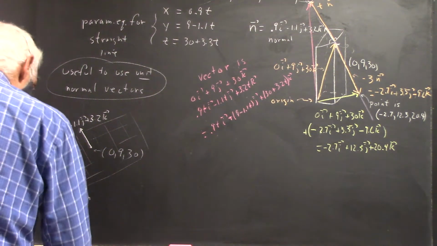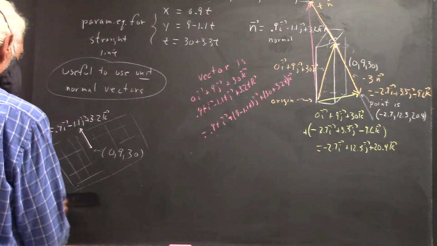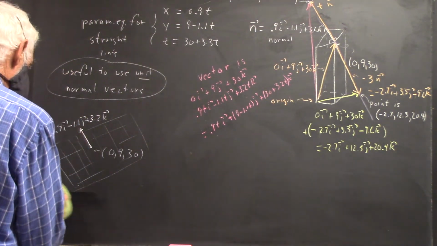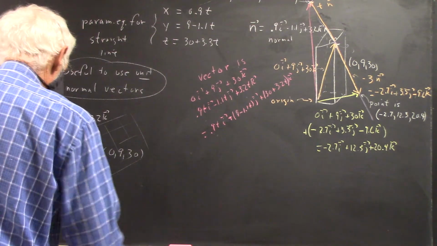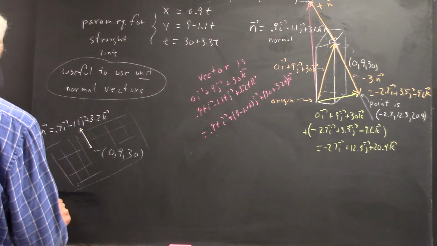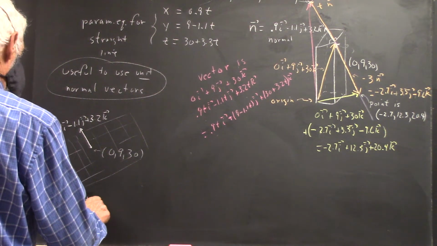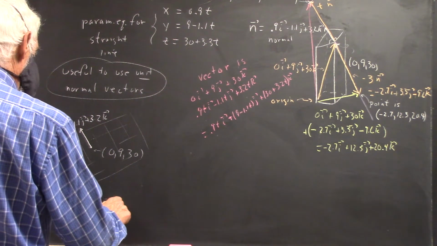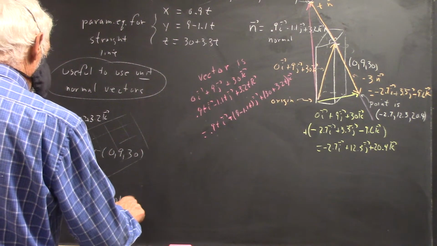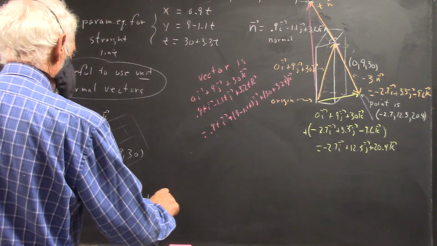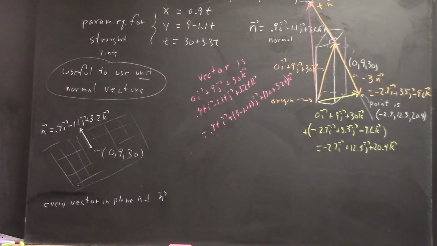I said every point in the plane because I've been talking about points, but it's every vector in the plane that is perpendicular to n.